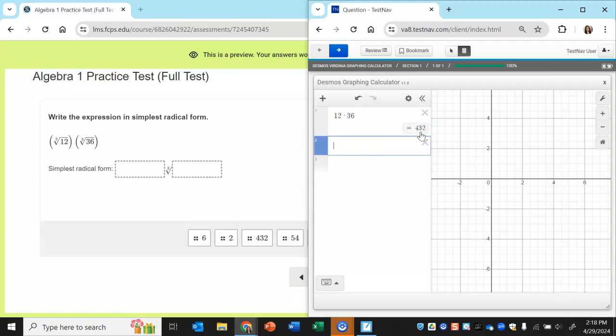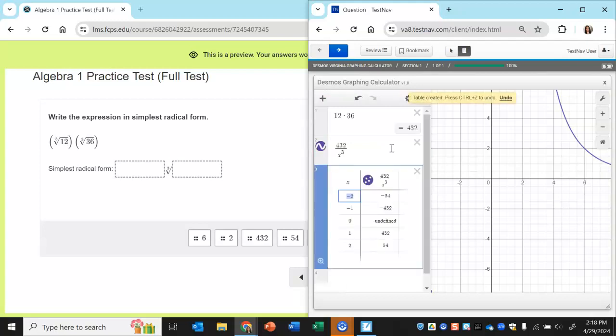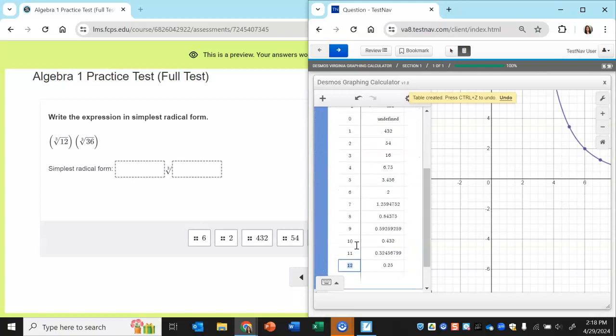Now I need to simplify 432. To do that, there's a nice Desmos trick. You put that number 432 and divide it by x cubed, because it's a cube root, so I'm putting a cube here. Then turn it into a table of values. Press on the last thing there and keep pressing enter until you get to all the zeros, then go back up.